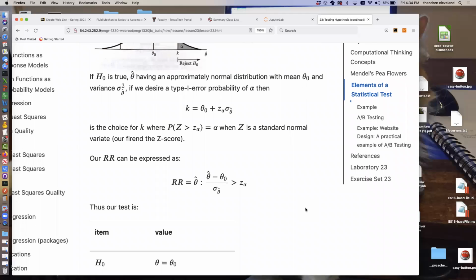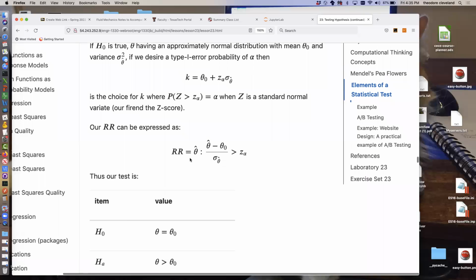For example, K could be theta 0 plus the z-score associated with alpha multiplied by the standard deviation, and it's right up there. So that's where we get K from. So K is not some magic number unless they don't tell you how to find it. And so our rejection region can be restated as, we will reject when our measurement statistic, theta hat, minus theta 0, the value we're testing against, divided by the sample standard deviation is bigger than the z-score associated with 5%.